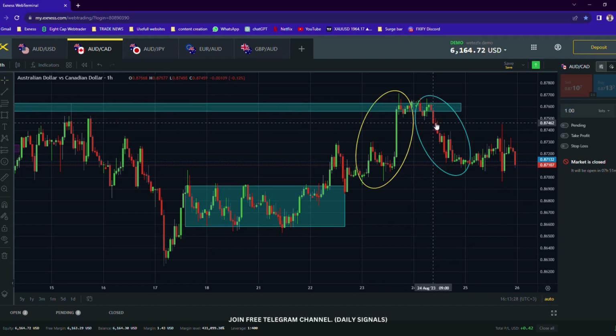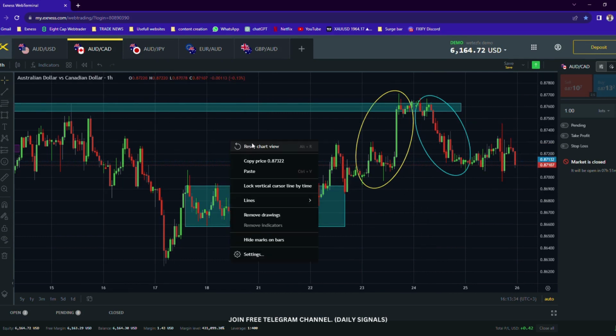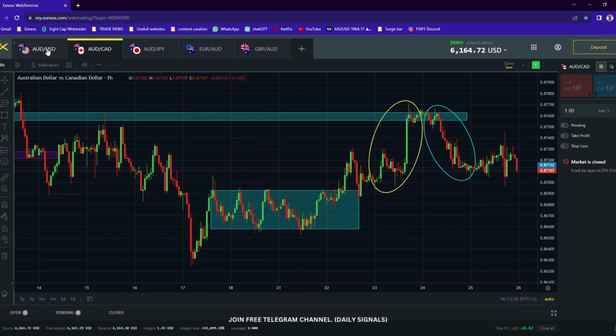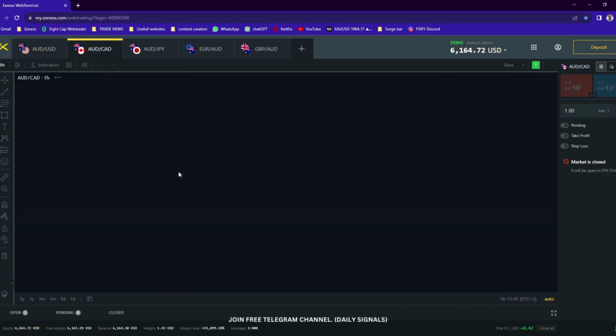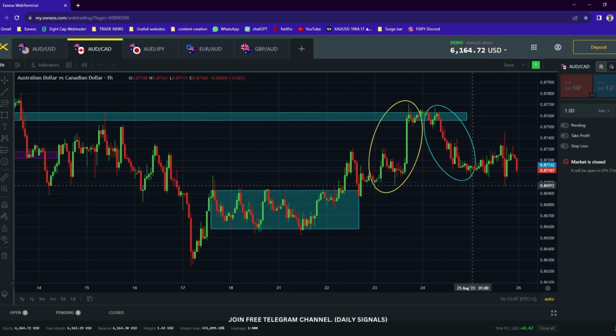So this opportunity was a very clear entry to the bearish side. Now you can see properly that AUD Canadian and AUD USD have a positive correlation: range up and down, AUD CAD range up and down, pure positive correlation.